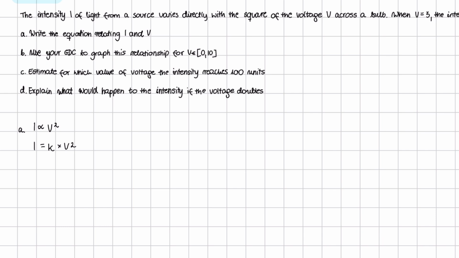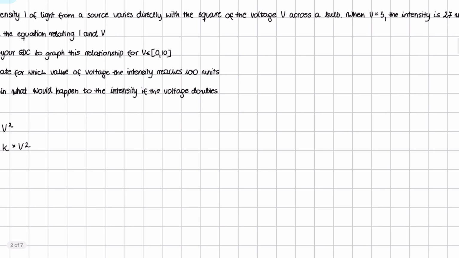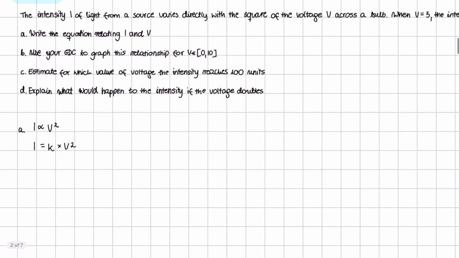So this is our equation, and now we can find our constant by substituting our V, which is 3, and I, which is 27. So 27 equals K times 3 squared. You can solve it manually or using your GDC solver.